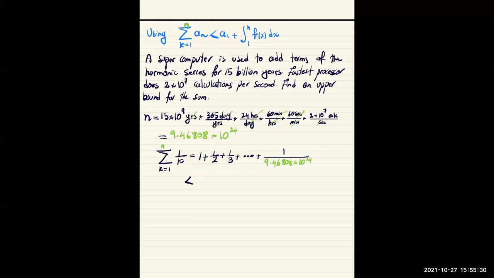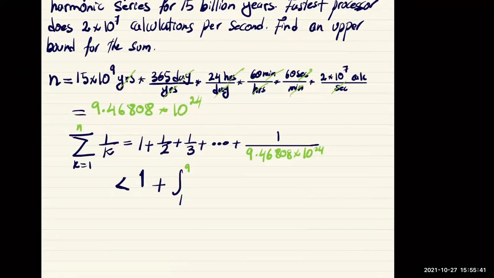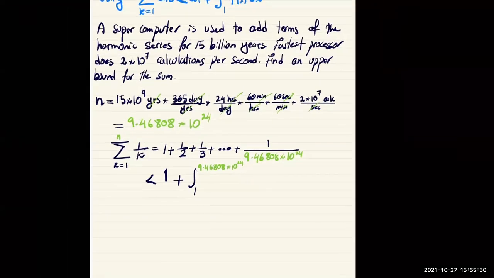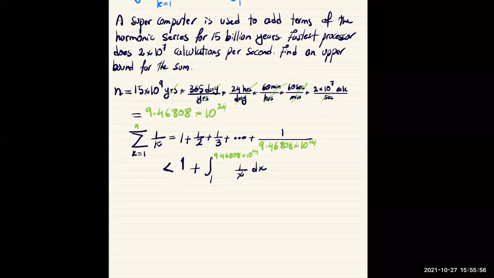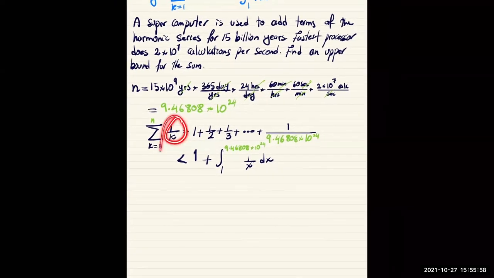A1 is 1, so it's less than 1, plus the integral from 1 to n, n being again that number, of the function 1 over x dx. Why 1 over x? Because the sequence function is 1 over k.